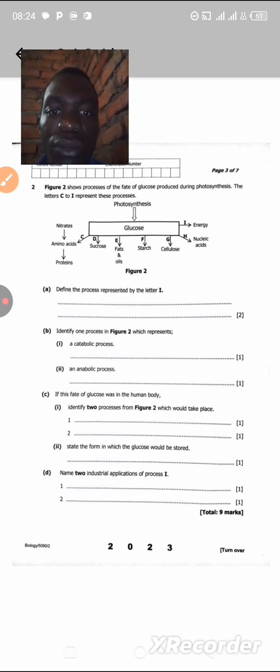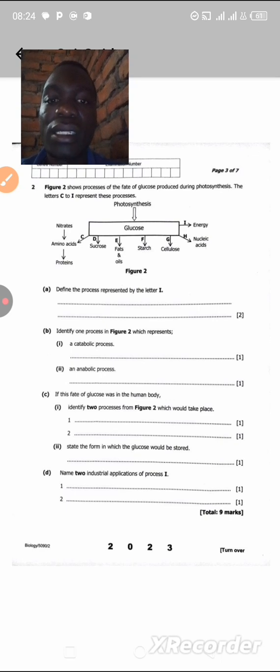D: name two industrial applications of process I, respiration. Number 1 is baking. During baking, glucose reacts with yeast, and that forms what we call fermentation.